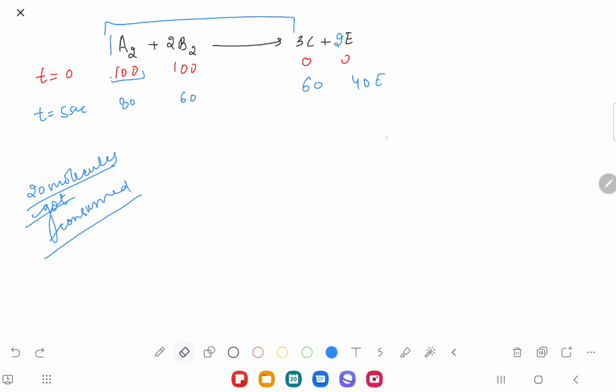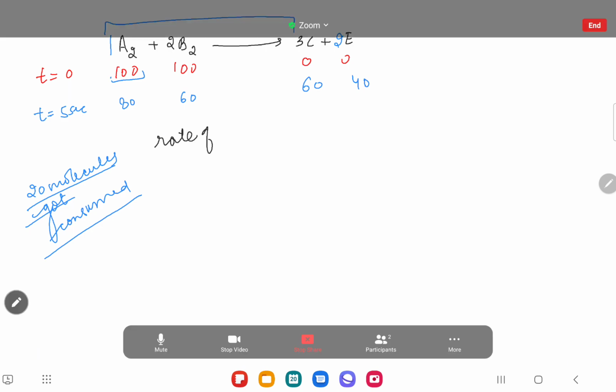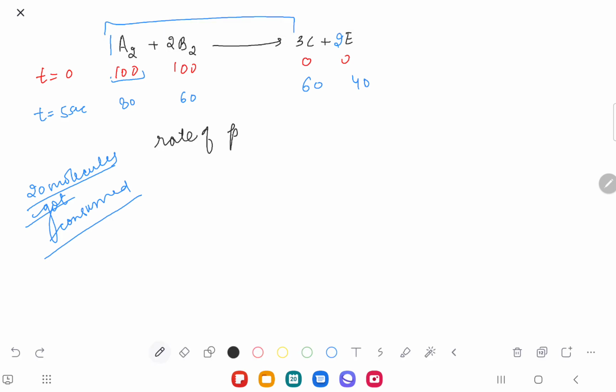So now let's suppose we calculate the rate of production of A. Rate of production of A is what? The final concentration of A is what, Shruti? 80.